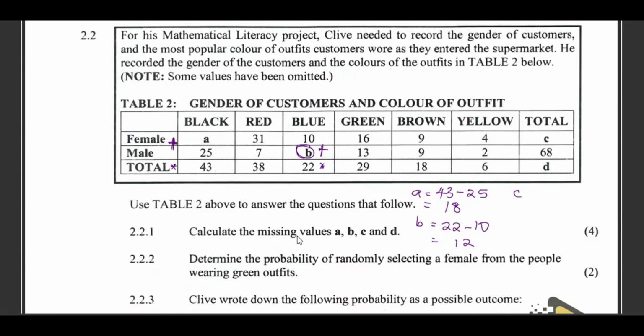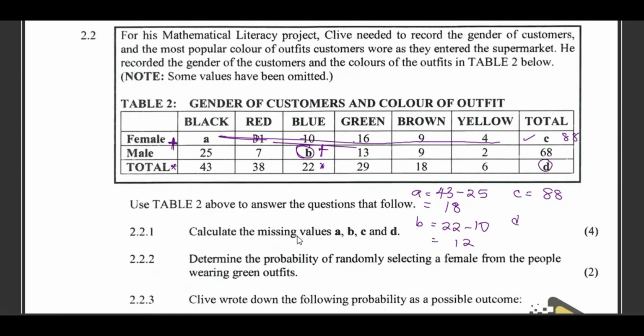C, we add all these values on top, you get the value of C. And when you add them nicely, the value of C is 88. Now, if this is 88, what about D?